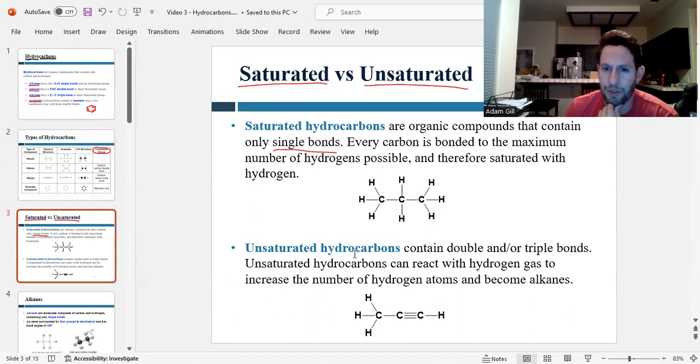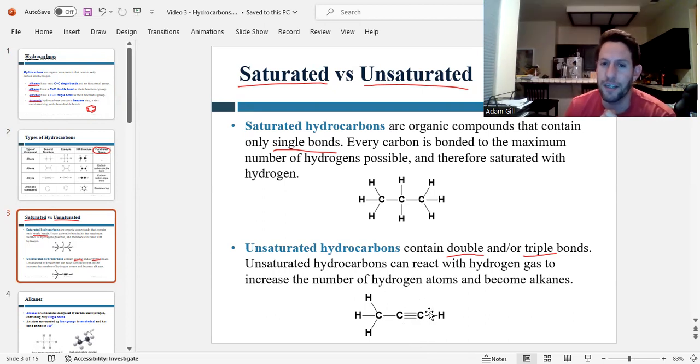Now, an unsaturated hydrocarbon has either a double or a triple bond somewhere in the structure. And we call it unsaturated because the molecule doesn't have the maximum amount of hydrogens. In fact, unsaturated hydrocarbons can react with hydrogen gas and absorb more hydrogen atoms.